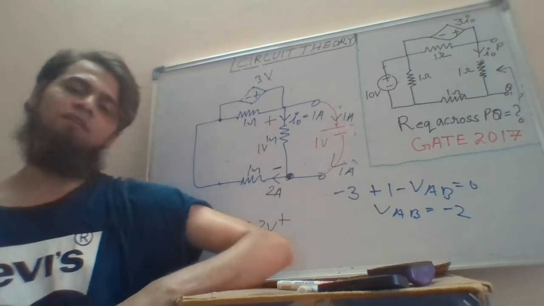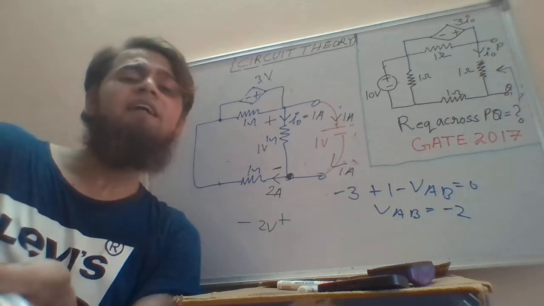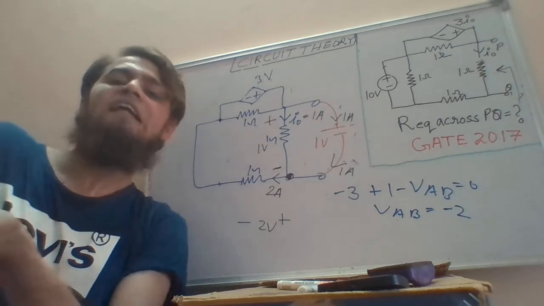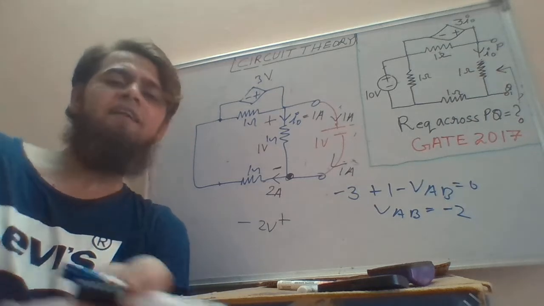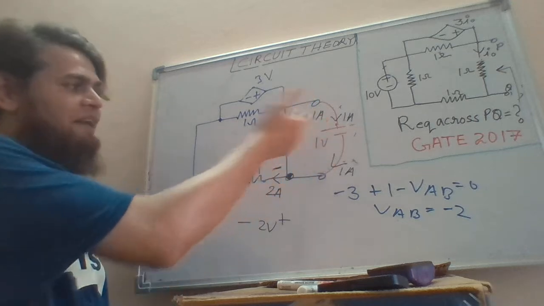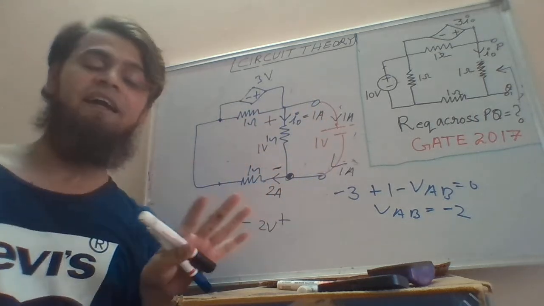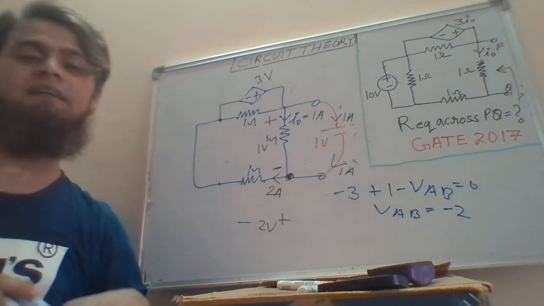Initially, we discussed that you just connect an external battery and whatever current it supplies, just take the ratio of the battery voltage and that current, and you shall get the R equivalent. But here it turns out that this battery is not at all supplying any current. Rather, this battery is consuming or receiving the current.